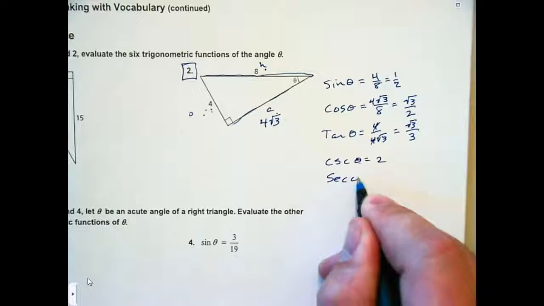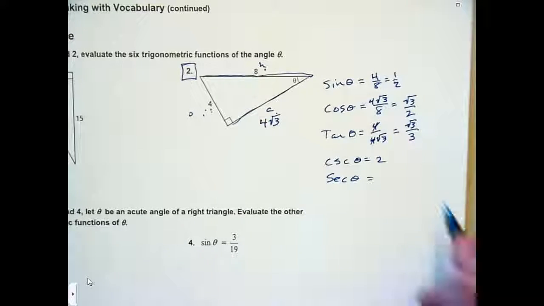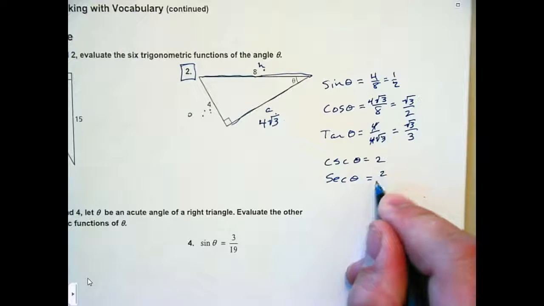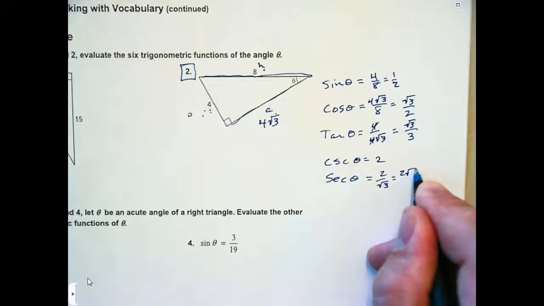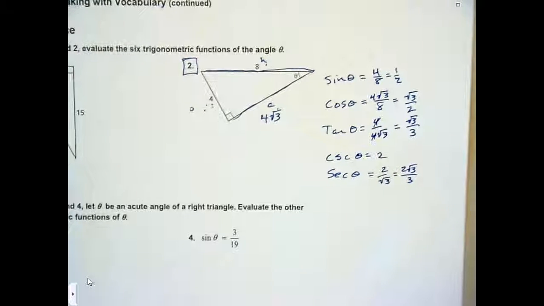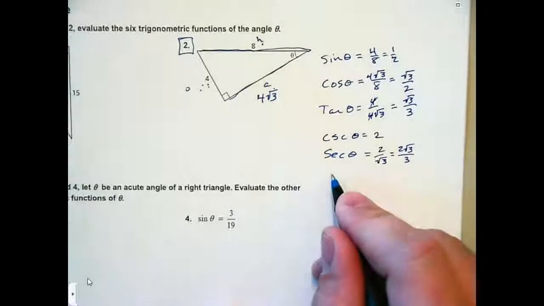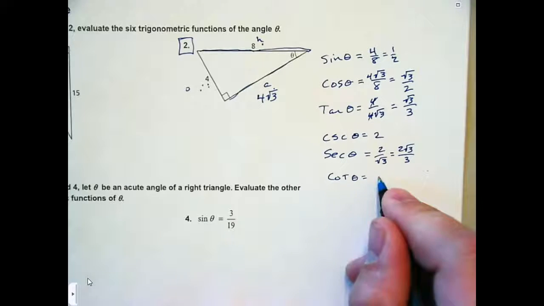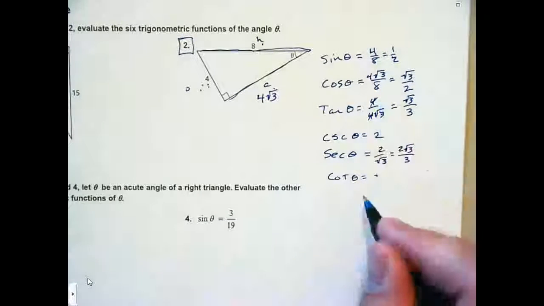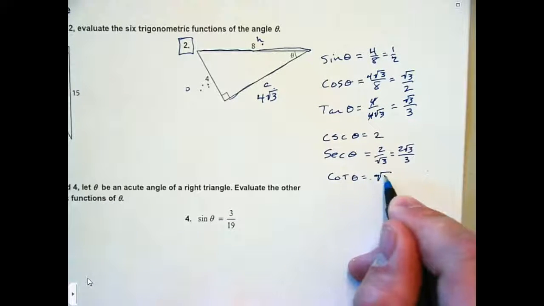Secant is the reciprocal of cosine, so it's 2 over root 3, which is 2 root 3 over 3. And cotangent is the reciprocal of tangent, which is just root 3, right?